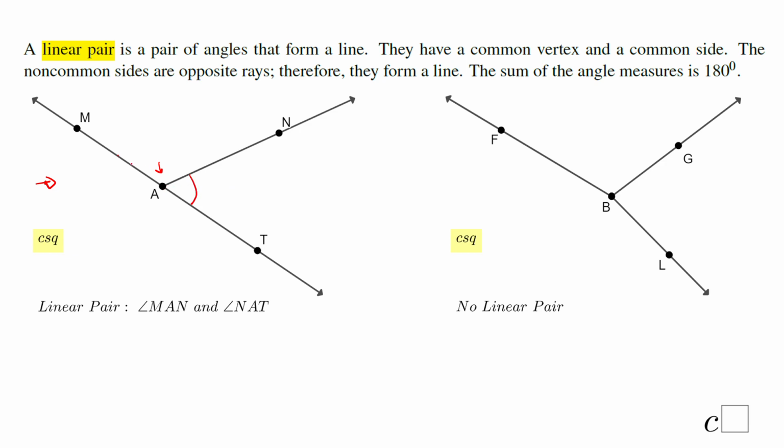They are not congruent. They form a line, and that's important because that means the sum of the measures of these two angles is 180. Very important. This is an example of a non-linear pair because they do not form a line.